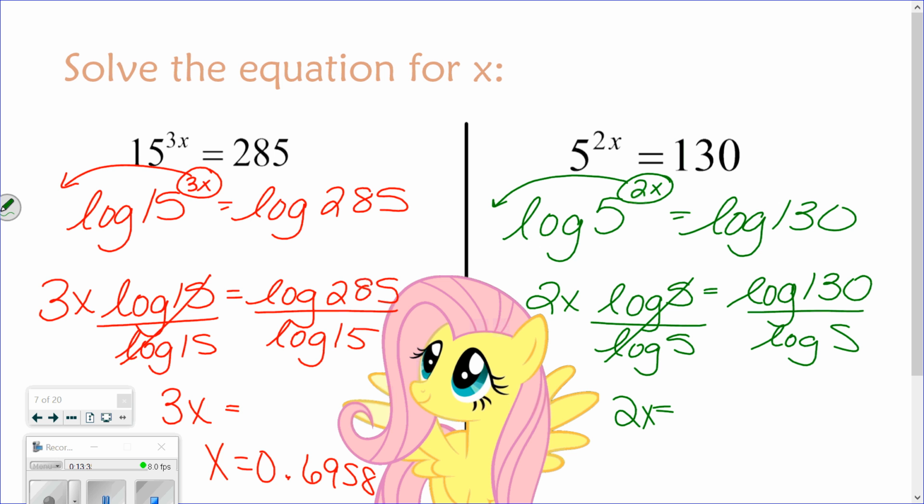You're going to want to do log of 130, close parenthesis, divided by the log of 5. Hit equals, make sure you hit equals, get that number, then divide that by 2. Does that make sense? So you should get x equals 1.5122.